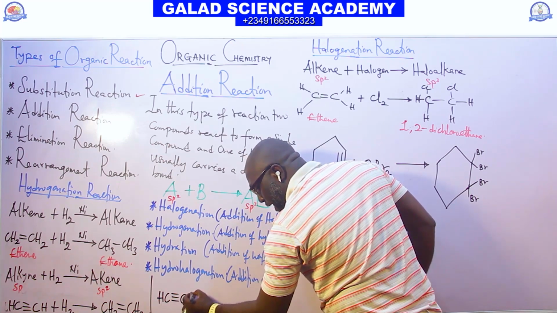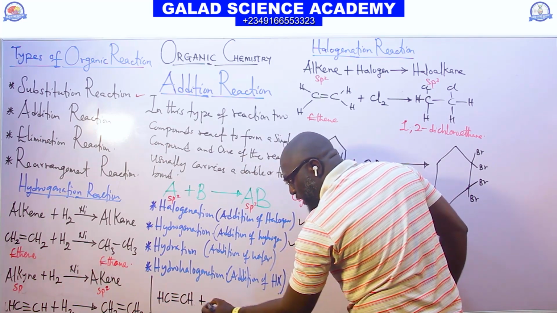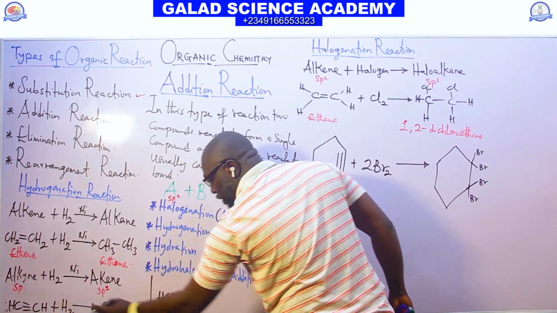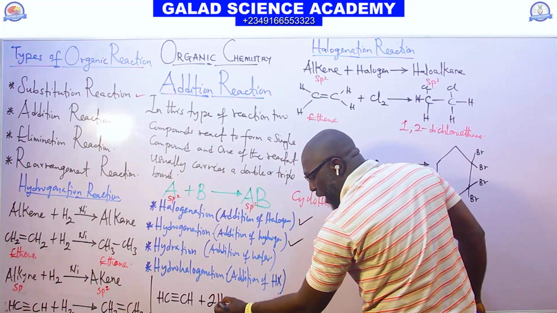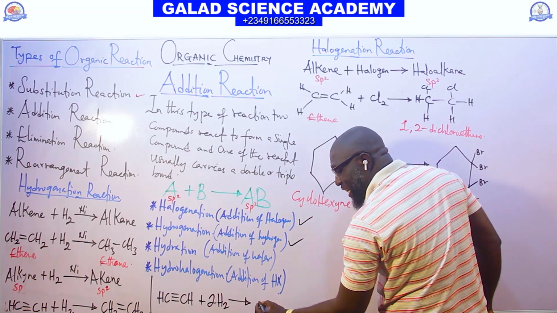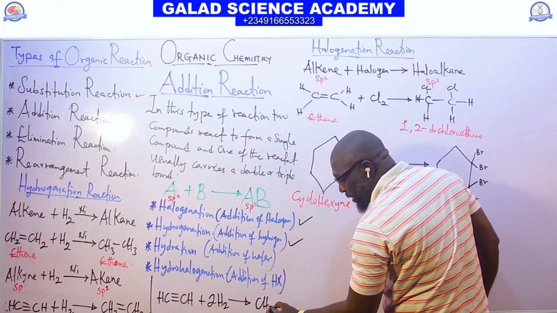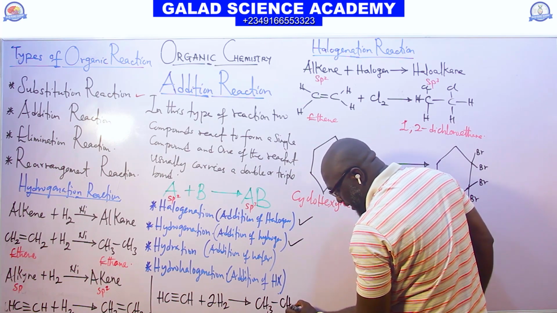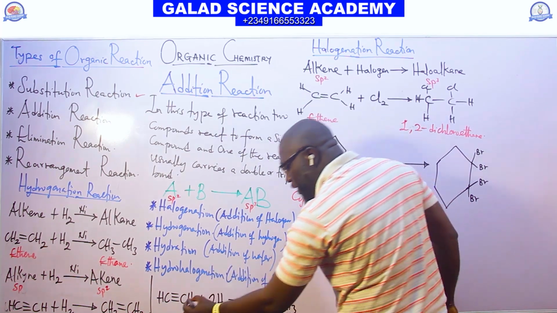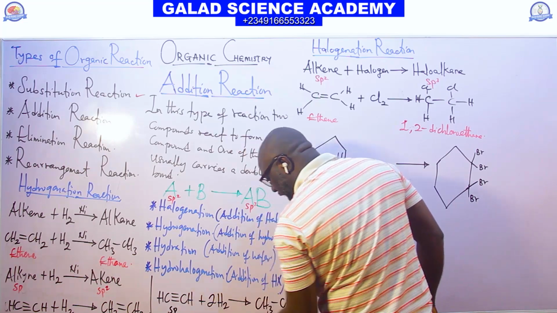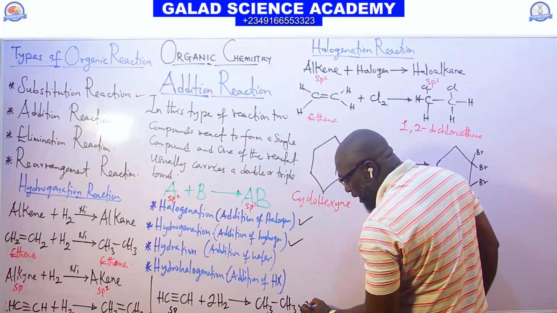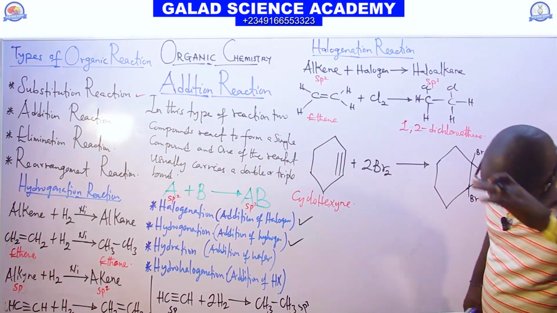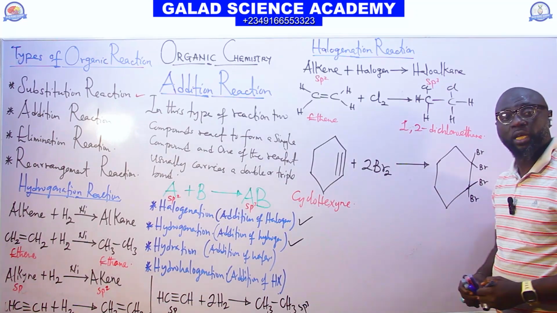Here we use 1 mole of hydrogen. If I use 2 moles of hydrogen here, it will directly give us ethane. So from sp hybridization to sp3 hybridization.